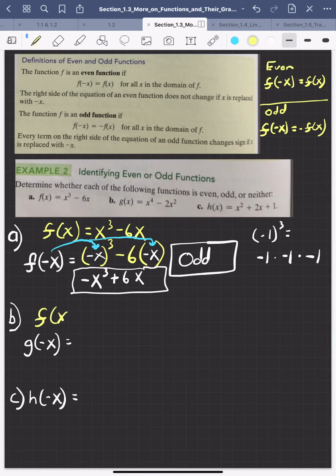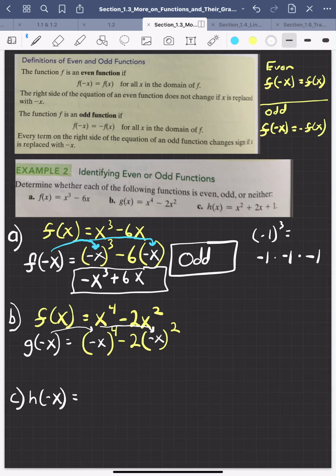F of x is equal to x to the power of 4 minus 2x squared. We're just going to do exactly what we did in the previous problem. So we're going to plug in a negative x, just plug in a negative x here and a negative x here.